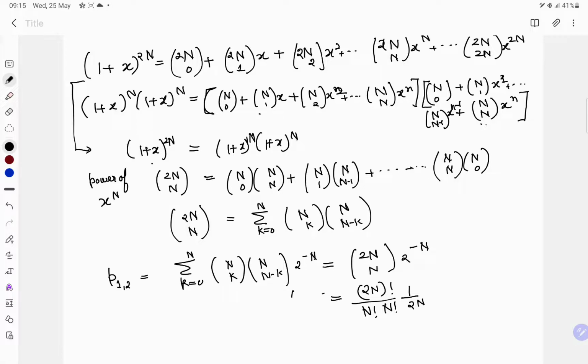So this is our answer: the total probability that they will meet again back, starting from the origin, is given by this probability.